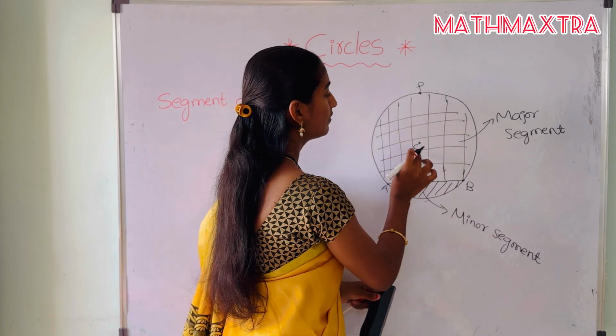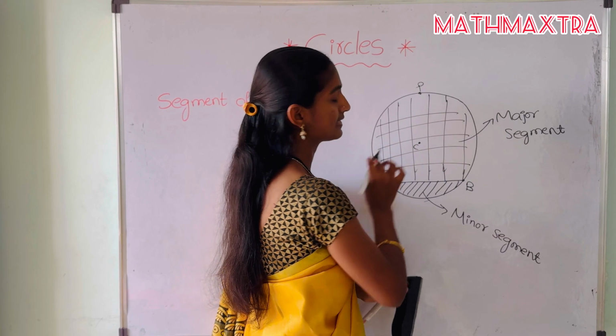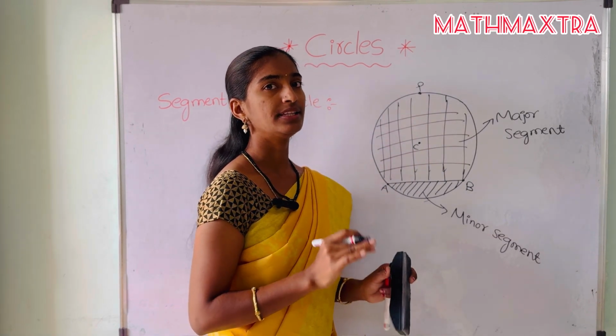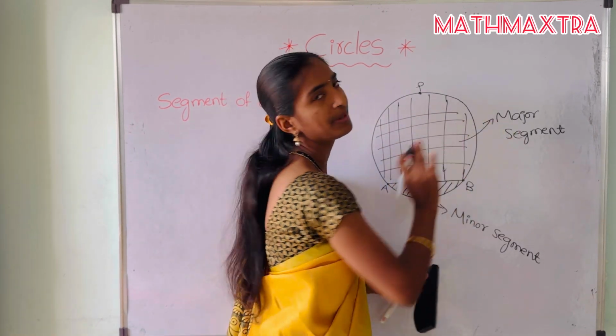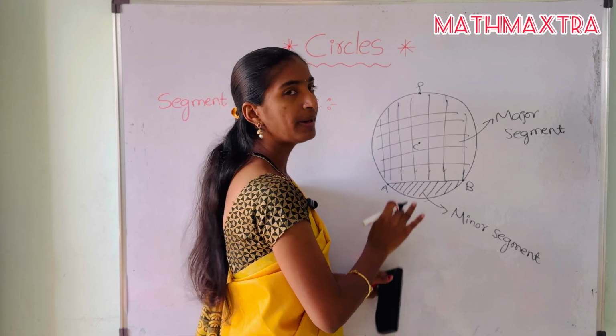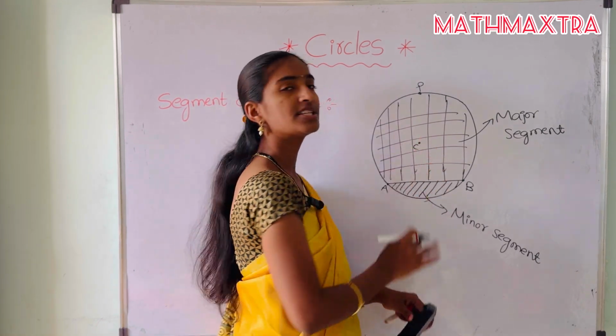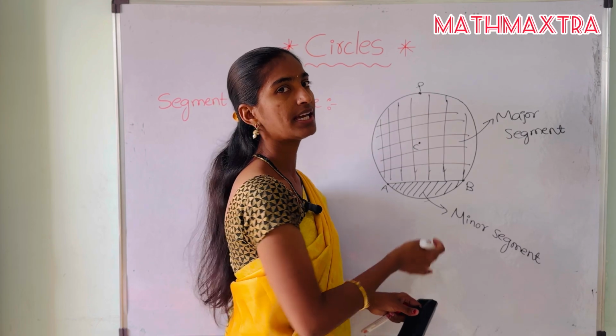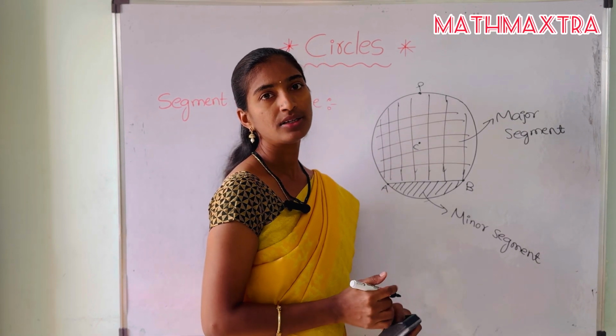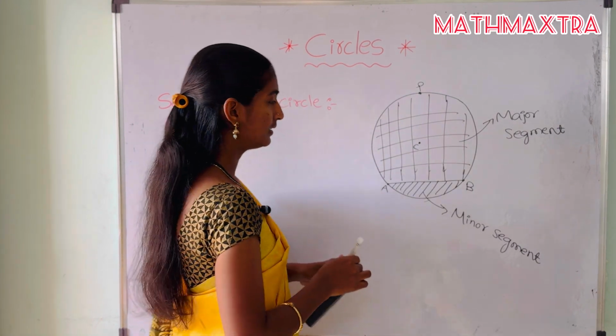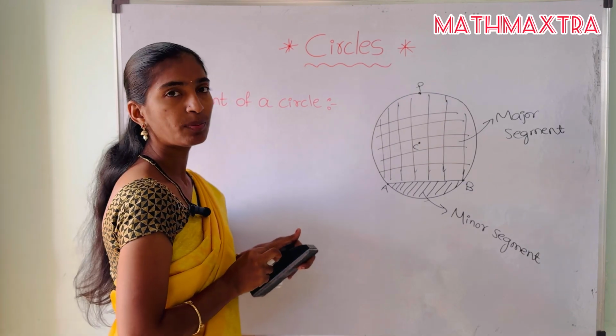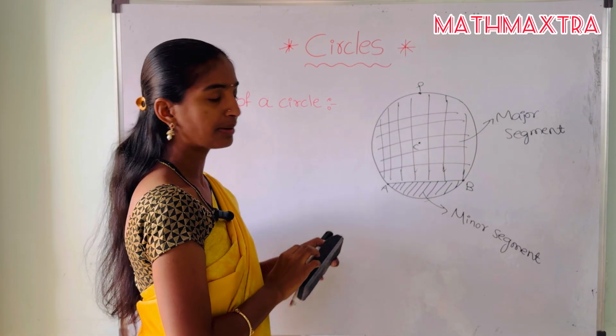If that segment contains the center of the circle, then we call that segment a major segment. If a segment doesn't contain the center of the circle, then we call that segment a minor segment. And we will see one property of a segment.